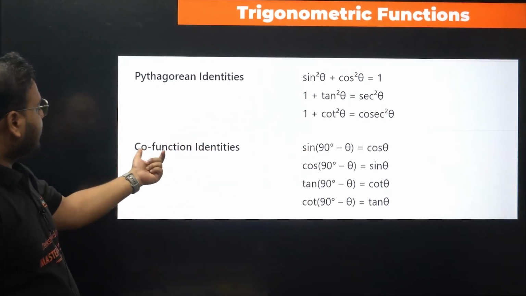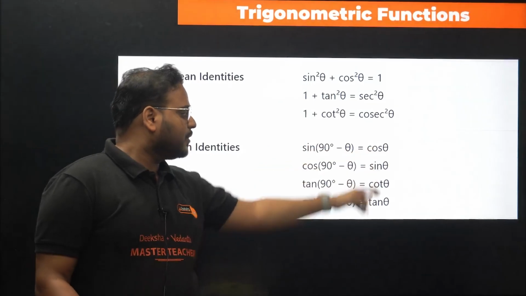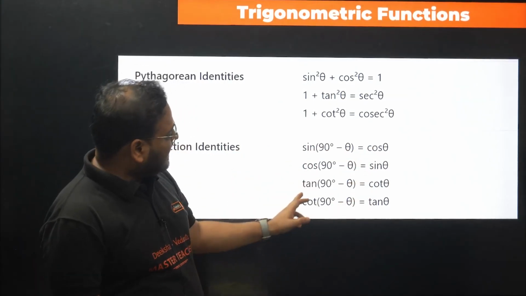Okay. So see, complementary function identities again. Sin of 90 minus theta is cos theta, cos of 90 minus theta is sin theta, tan of 90 minus theta is cot theta.